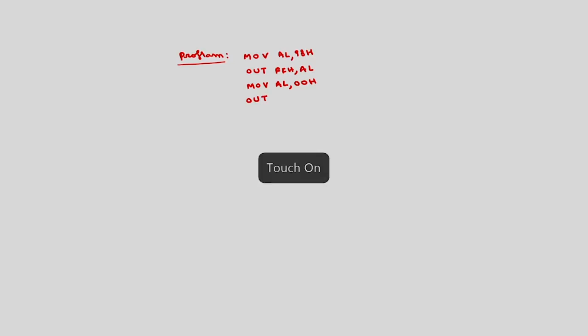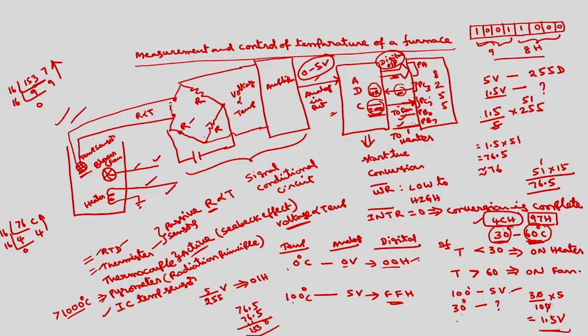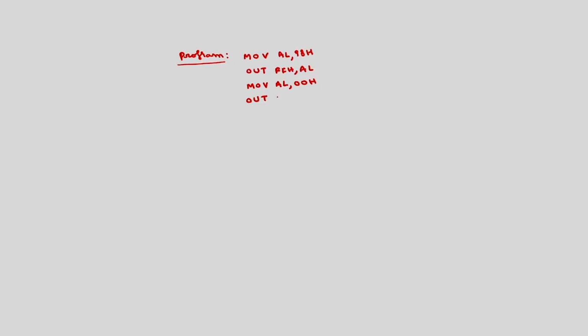This WR bar is connected to port C lower, right? This is port C lower, and WR bar you have to make a 0 to 1 transition. So port C address will be FEH, AL. This will make PC3, which is WR bar, low.